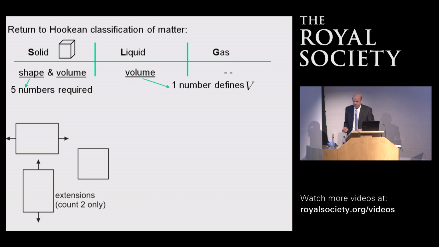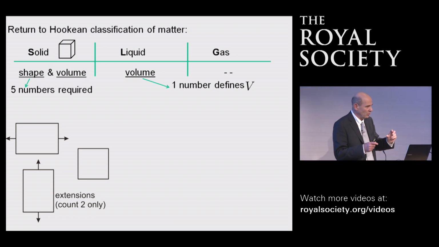So I'd like to show you this now. You remember that solids have got both shape and volume, whereas liquids have just got volume. Now volume is half a litre, it's just a number, there's no structure to that. But shape is quite a subtle business, and actually 5 numbers are required to define shape.